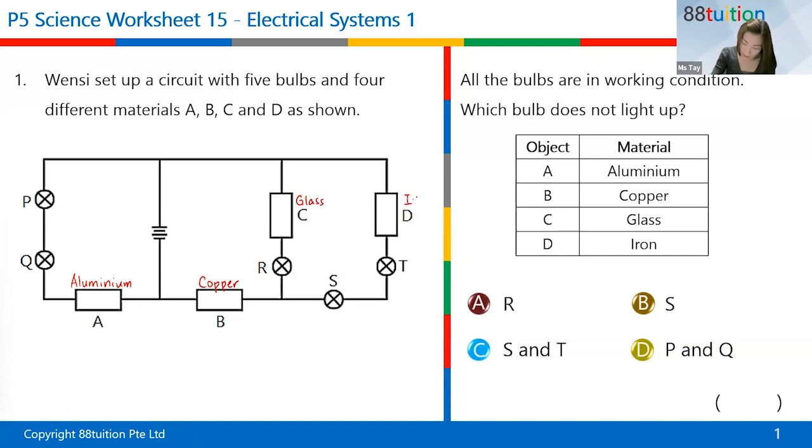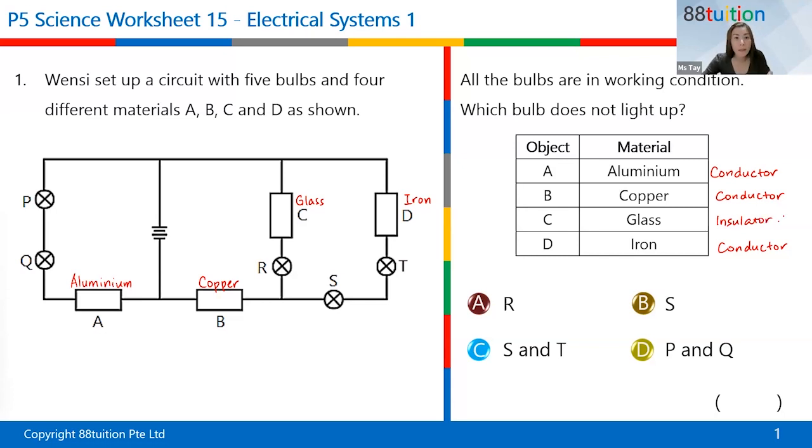And D is iron. So when we look at the materials, we already know aluminum, copper, and iron are all electrical conductors. But glass is actually an electrical insulator.